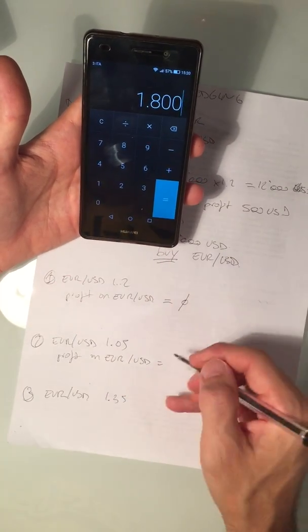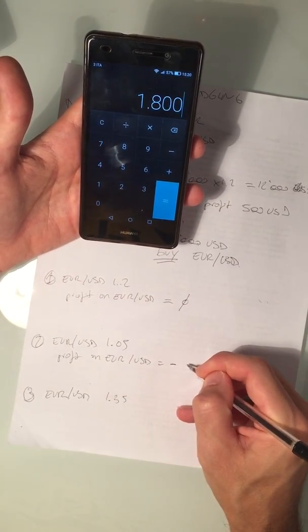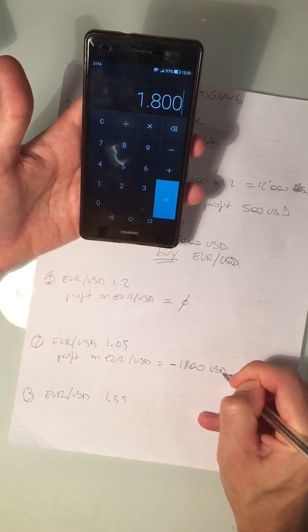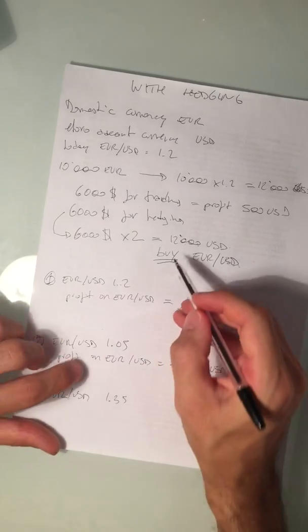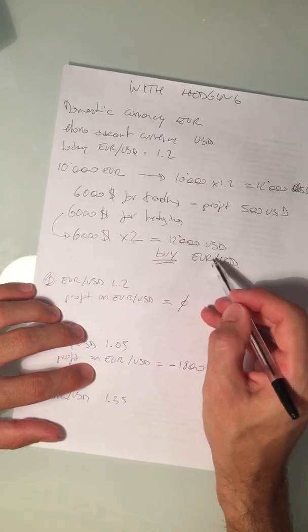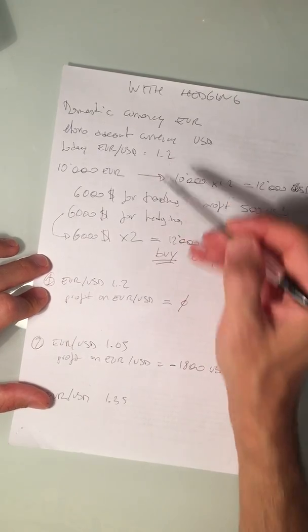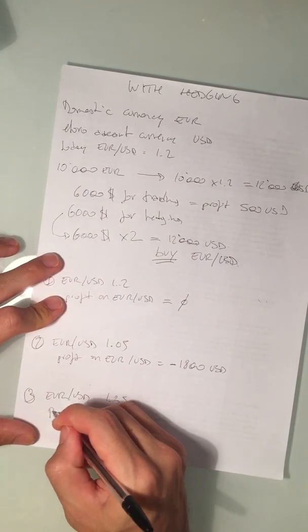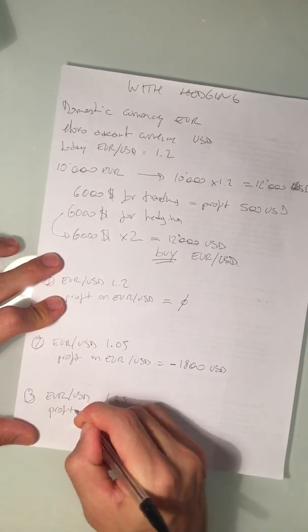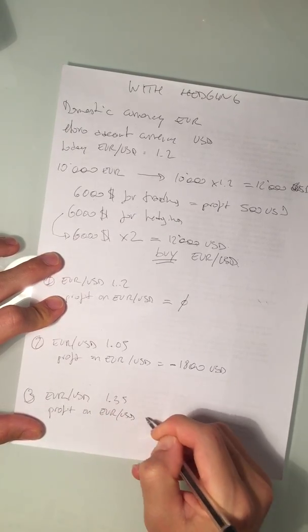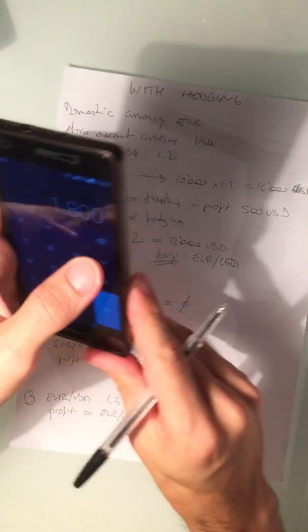So now you have a loss of 1,800 US dollar. So it means loss because you bought the euro US dollar, but it has decreased from 1.2 to 1.05.